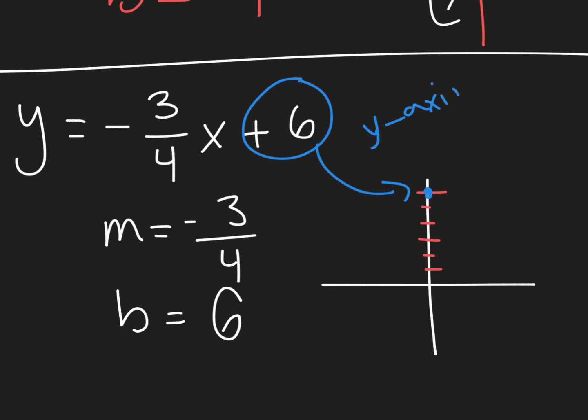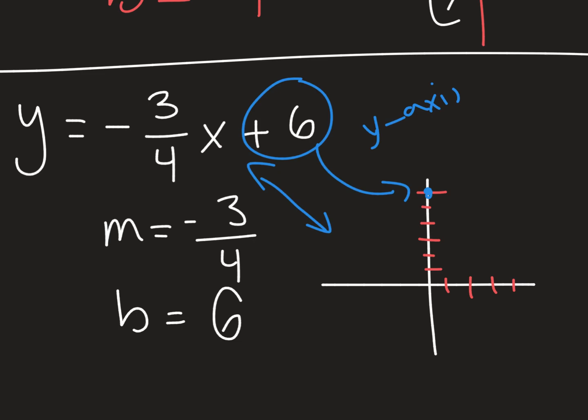y-axis. And then I need to use my rise over run. I want the slope, negative means this way, like that. So I need to move which way, up or down with the 3? Down.